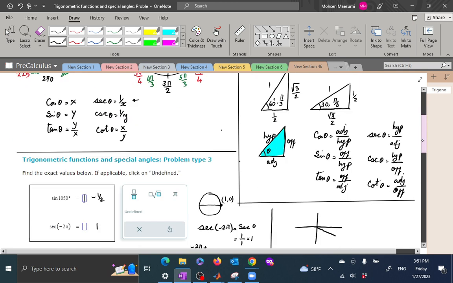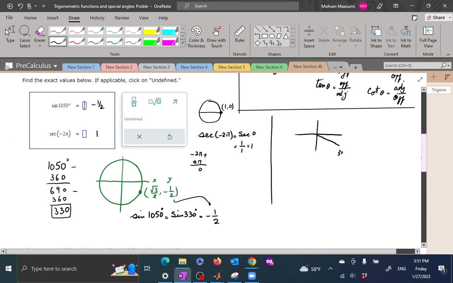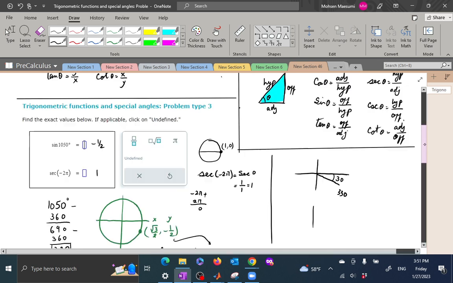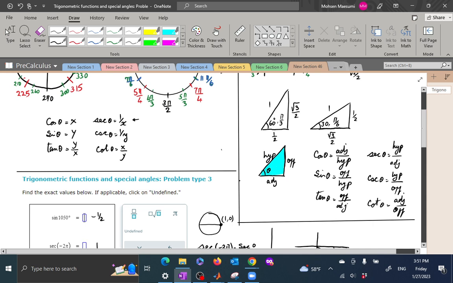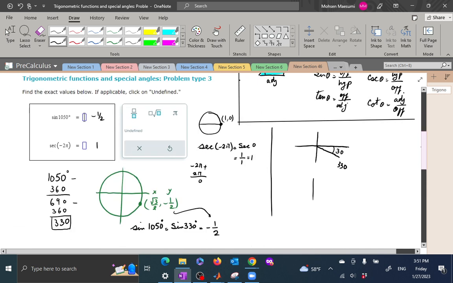I'm in this location. 330, the reference angle of it, if you remember that terminology from high school, is 30 degrees, meaning 30 degrees left to become horizontal. So we take a triangle with 30 degrees, this one, just flip it over so that I put a triangle here. I put that triangle here that was 30 degrees. The sides were radical 3 over 2 and 1/2, and if you wish, that one is 1.